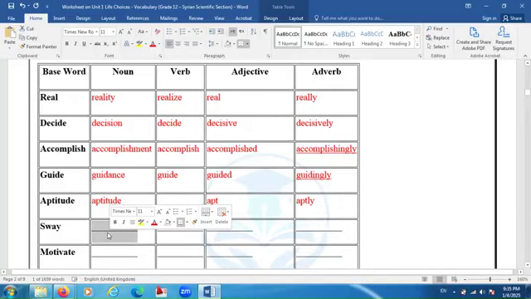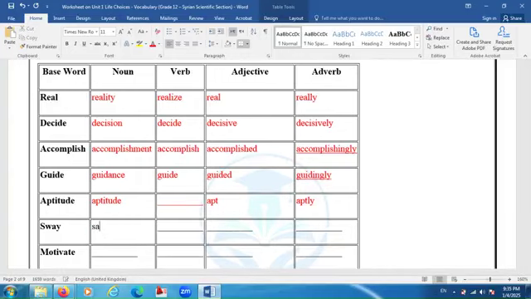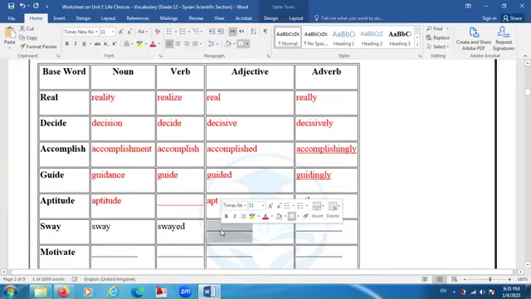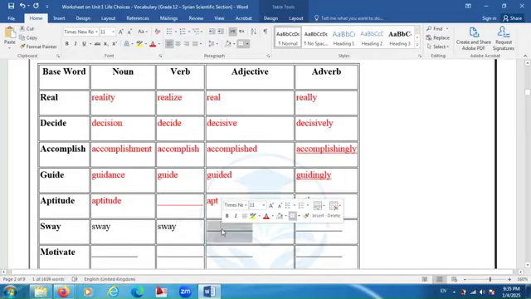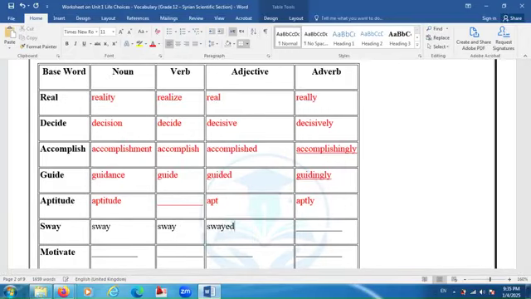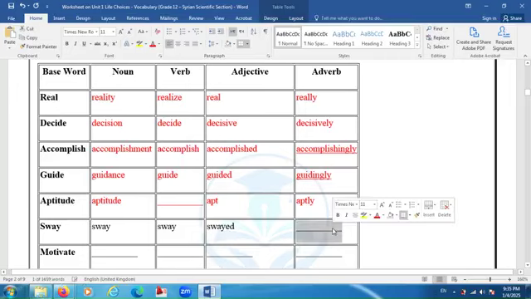Sway, it's the same for the verb, and swayed for the adjective. Excuse me, sway for the verb as well. We swayed. I've been swayed by. You can say swaying, by the way, but there is no adverb.